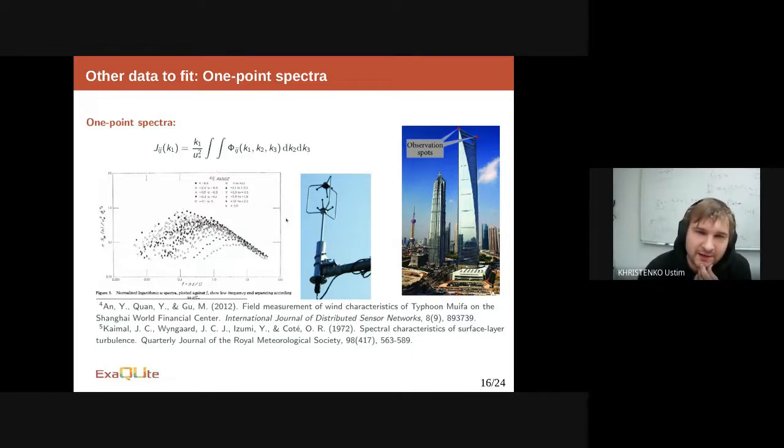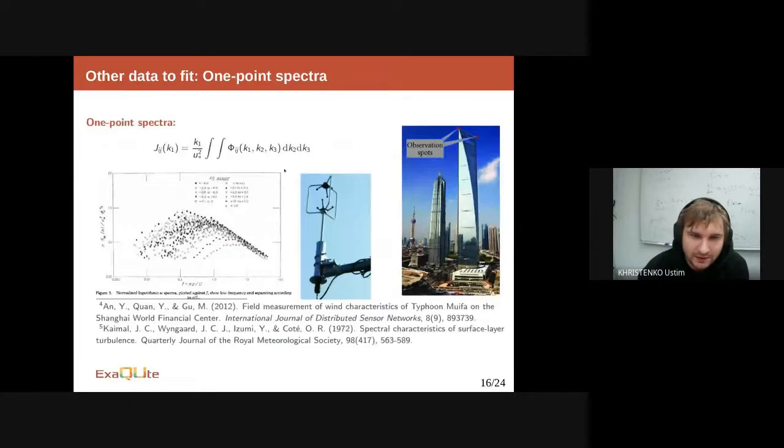It's simply the average of the spectral tensor in the two directions orthogonal to the wind direction. Here, K1 is the frequency corresponding to the direction of the wind flow. So the one-point spectrum is the average with respect to all other directions.